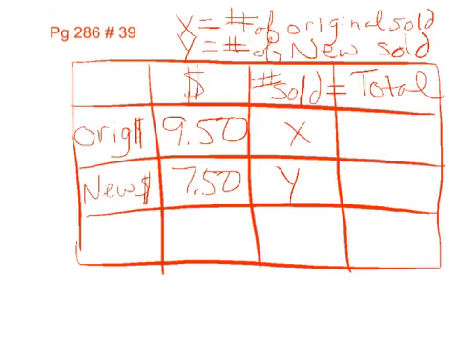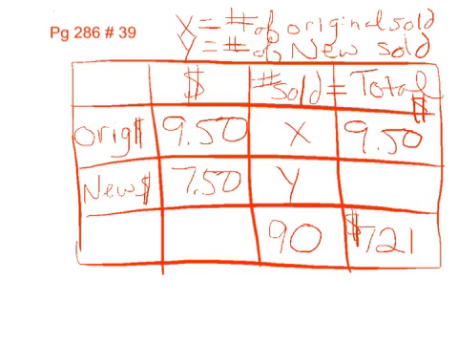We know that the total number of potteries being sold was 90. So down here kind of represents the total of them. And we do know that they brought in a total of $721. So again, total amount of money. Now, if we think about it, if they sold one pottery at $9.50, the total cost would be $9.50.